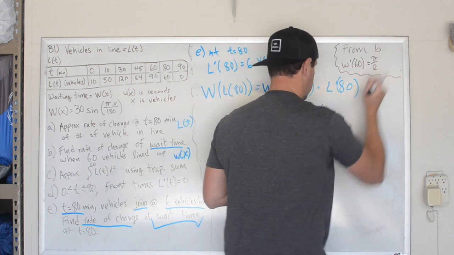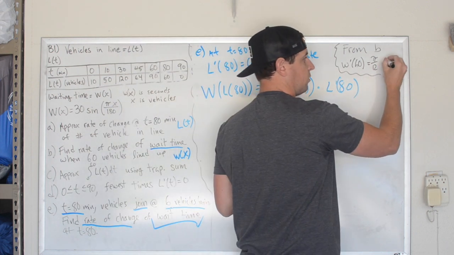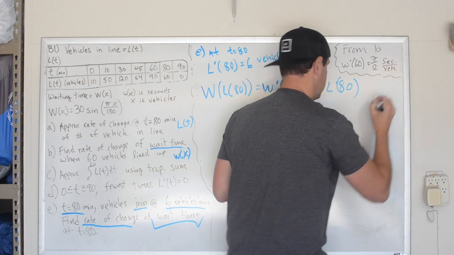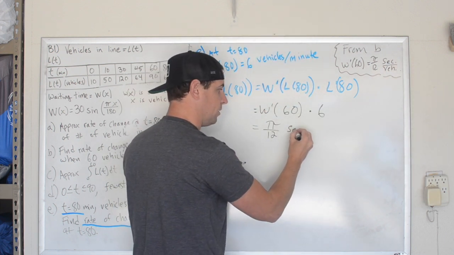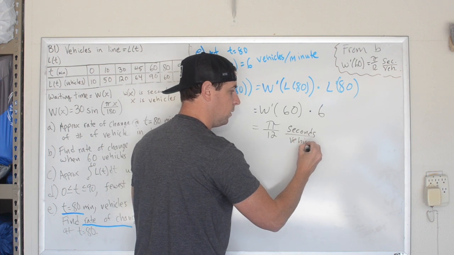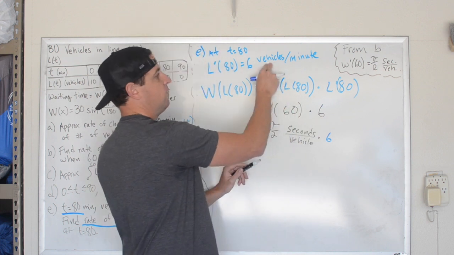Sorry, I'm going to correct an error here. From part B, we said this is the wait time, so it was seconds per vehicle. So the wait time was seconds over vehicle, times 6 vehicles per minute.